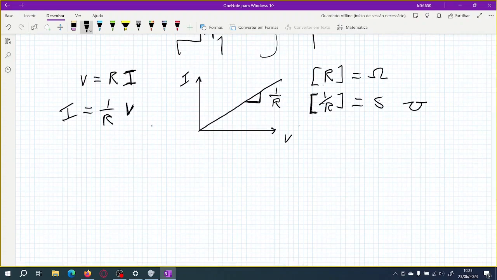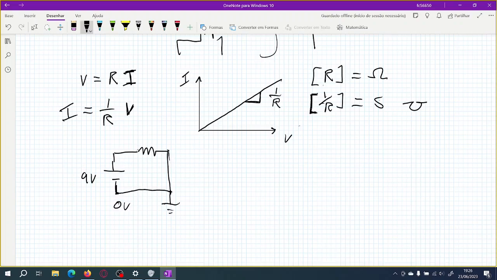Let's see, if we put a 9 volts battery in series with a resistor, in the next lessons we'll talk about what placing it in series or in parallel means. In fact, in this case, it is at the same time in series and in parallel. So here we have 0 volts, right?